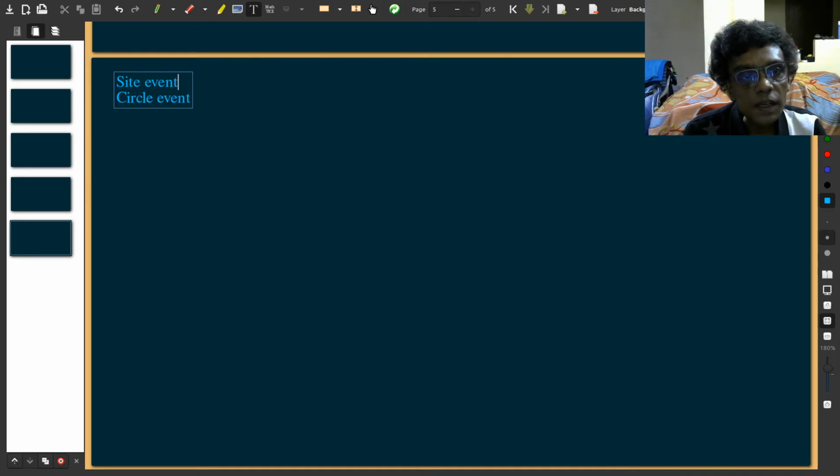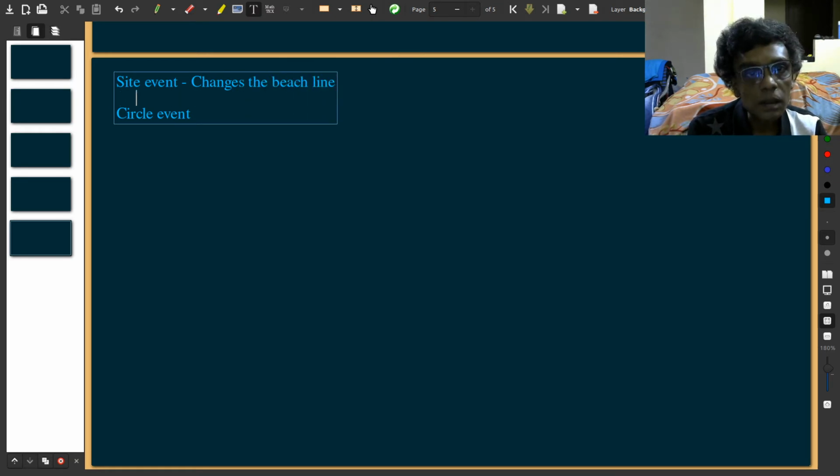Now, the site event changes the beach line, but does not produce any vertex in the Voronoi diagram.